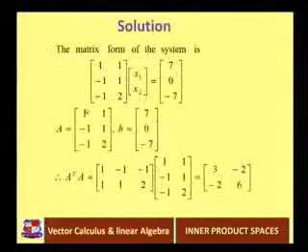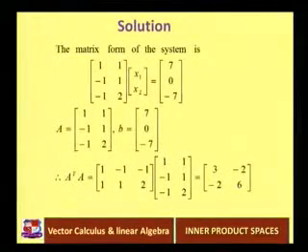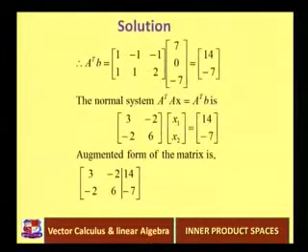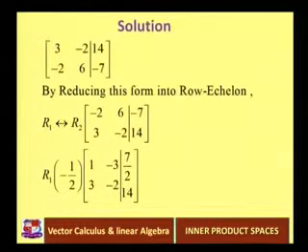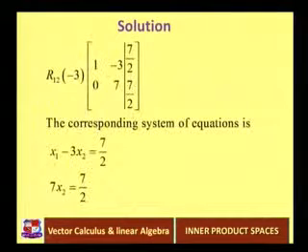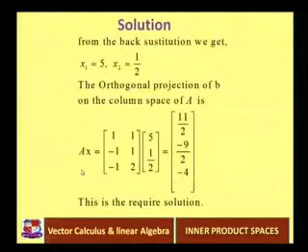For that we convert this into the augmented matrix, and the augmented matrix is converted into row echelon form. This is the row echelon form, and again we write this row echelon form into the equation form, and using back substitution find the values x1 is equal to 5 and x2 is equal to 1 half.